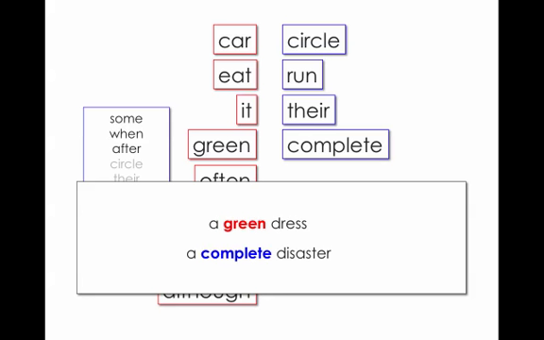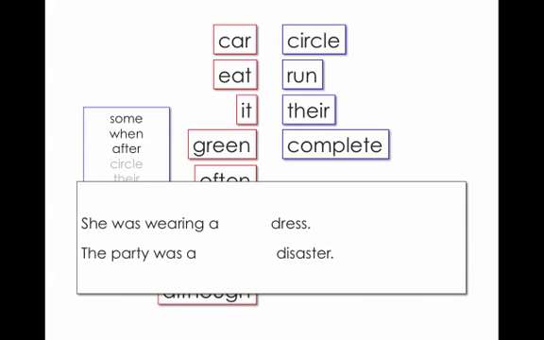Now, the important word in the first phrase, a green dress, is dress. The word green gives us extra information about the dress. Similarly, the most important word in the second phrase is disaster, complete disaster. And we can take the highlighted words out and we still have sentences that are okay on their own.